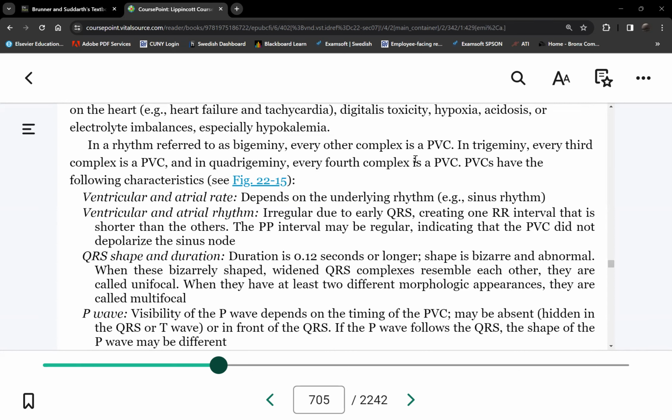So when there are 2 in succession occurring at a time, we call that a couplet. And then if we see 3 in a row, then that'll be a triplet. If it's 4 in a row, quadruplet and quintuplet, etc. But if it's more than 5, we don't do sextuplets and so on. We call it now ventricular tachycardia. All right.